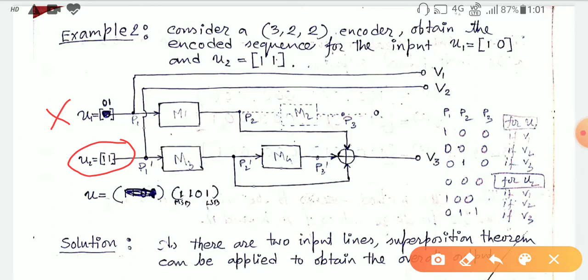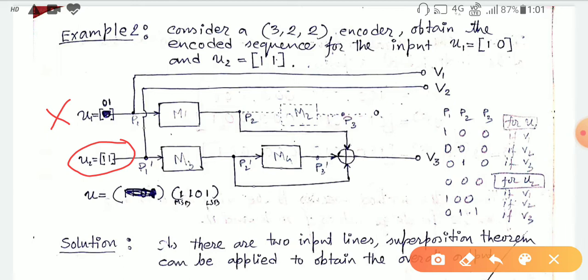If the individual effects are known to you, then adding these two defines the ultimate output due to U1 and U2. That means you are applying the superposition theorem here. That is, the individual effects will define the total effect of the total input sequence.